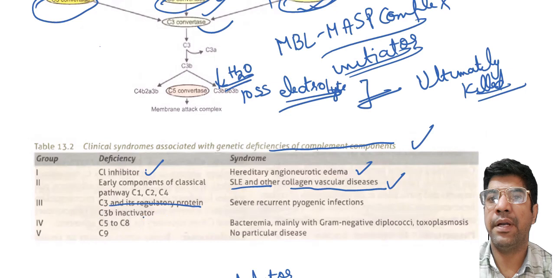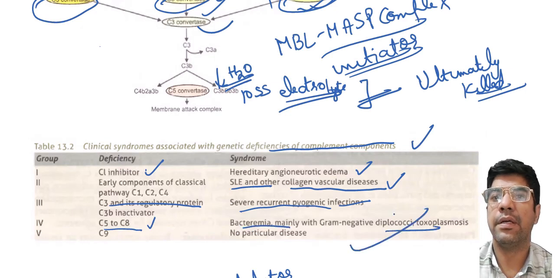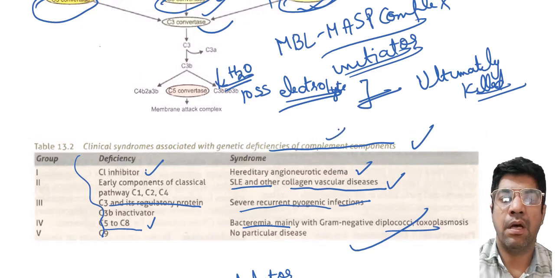For C3 and its regulatory proteins, the syndrome associated is recurrent pyogenic infection. C5 to C8 deficiency could lead to bacteremia, mainly with gram-negative diplococci. So these are the syndromes associated with genetic deficiency of the complement components.